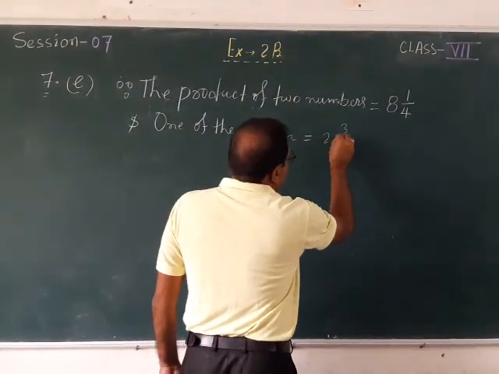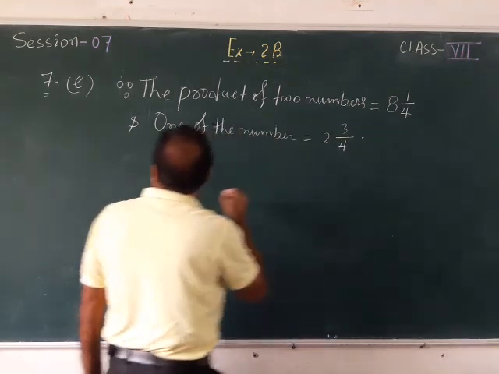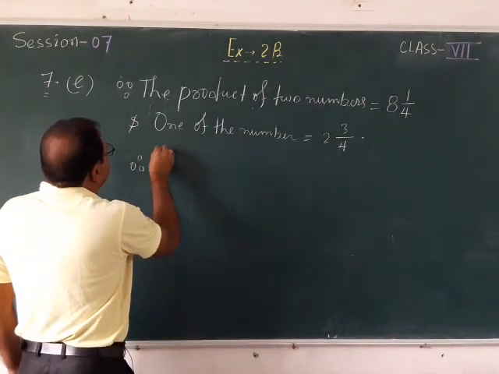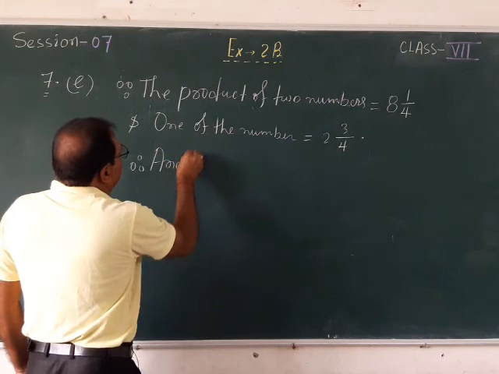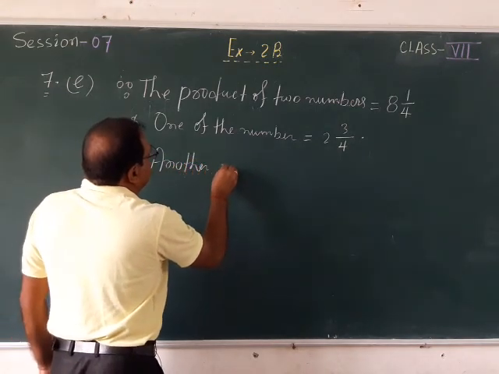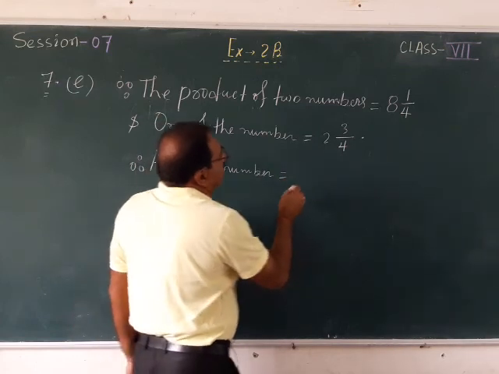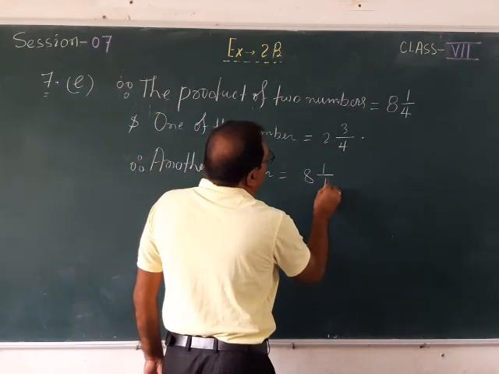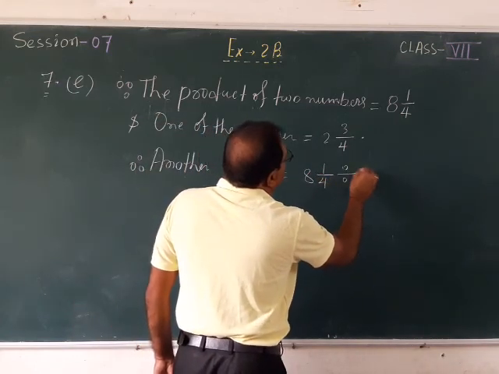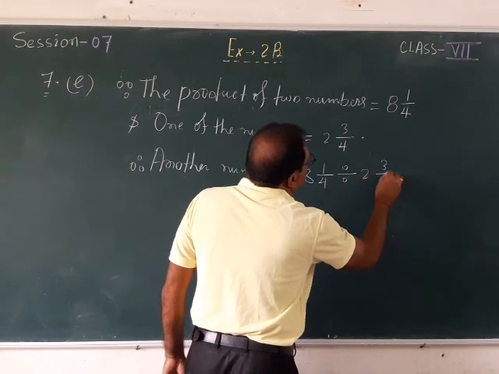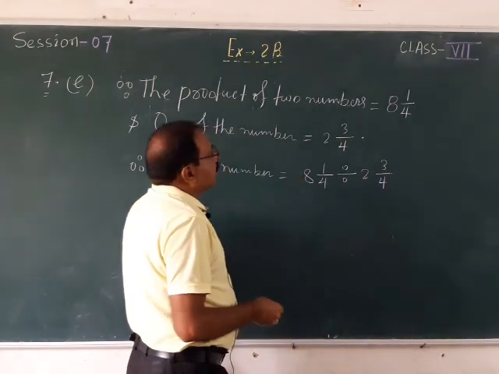Therefore the other number will be found by dividing 8 whole and 1 by 4 by 2 whole and 3 by 4. Then you will get the other number.